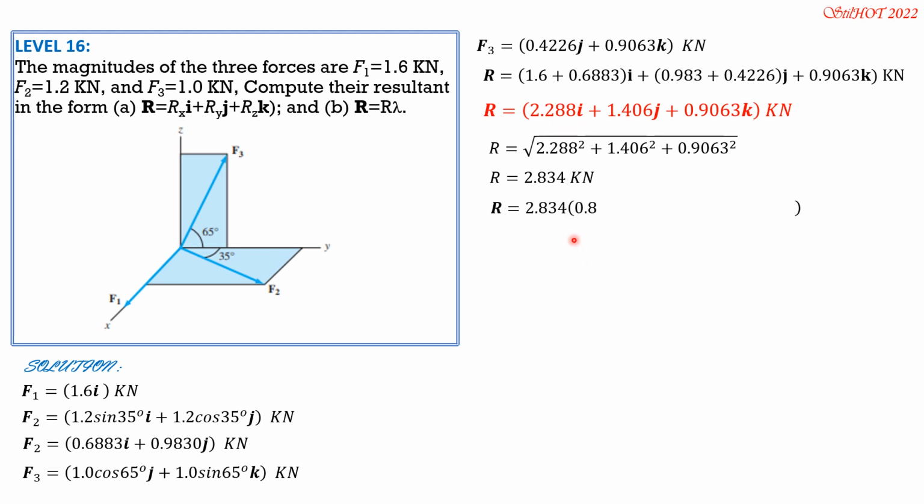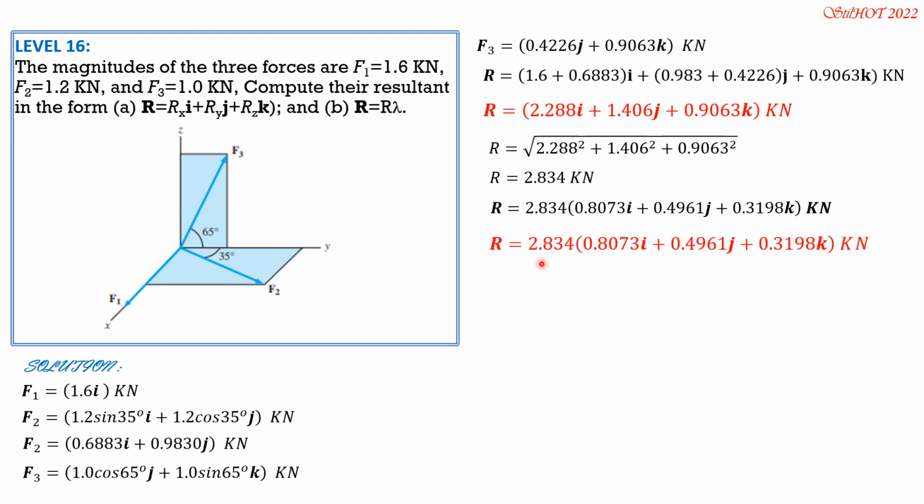So R is 2.834 quantity 0.8073i plus 0.4961j plus 0.3198k. This is obtained by dividing 2.288 by 2.834. 1.406 divided by 2.834 is that value. 0.9063 divided by 2.834 is that value. So in this form, R is 2.834 quantity 0.8273i plus 0.4961j plus 0.3198k. That's it for that problem.